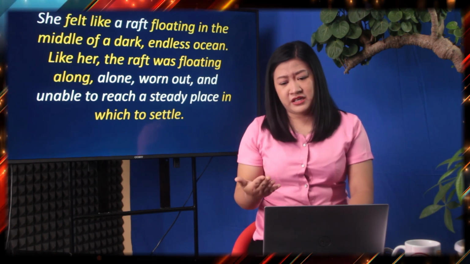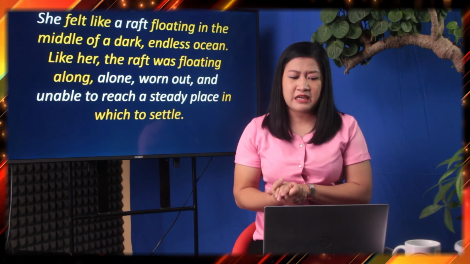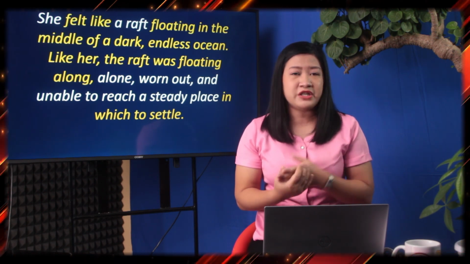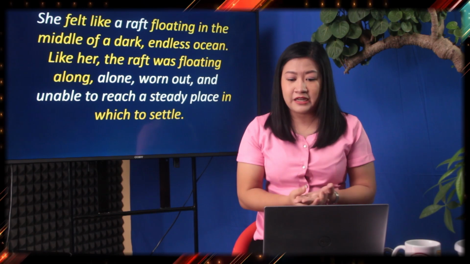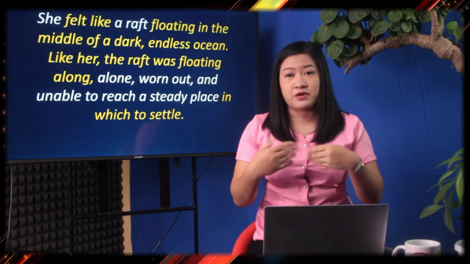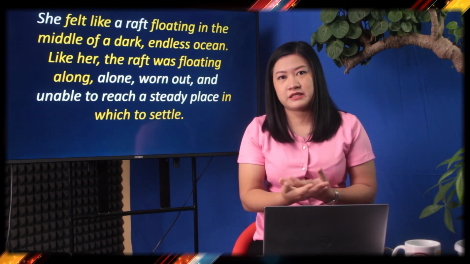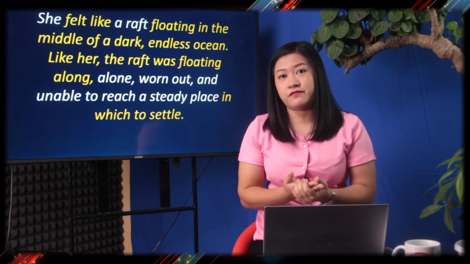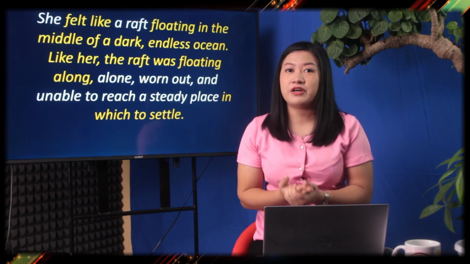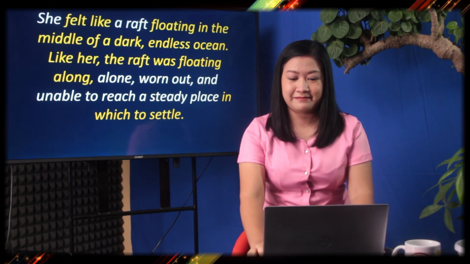Without the analogy, the author will just say the woman might be sad. But with the use of the words or the association of the words, you were able to give depth of feeling or emotion to a certain word.